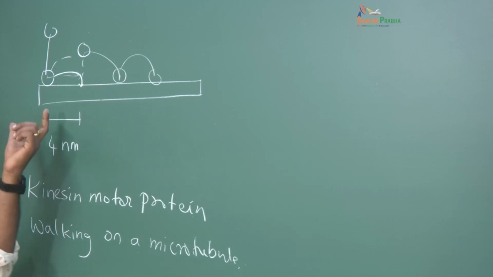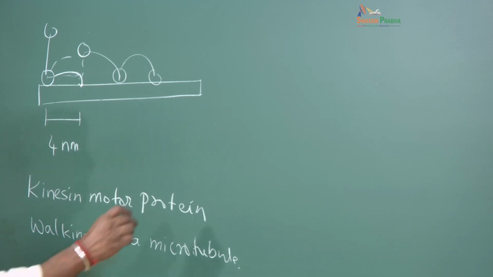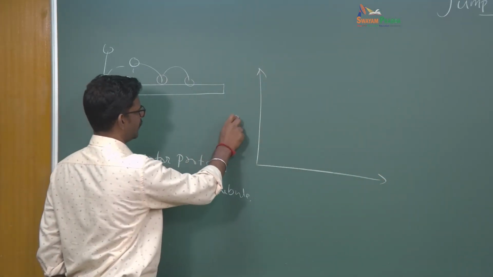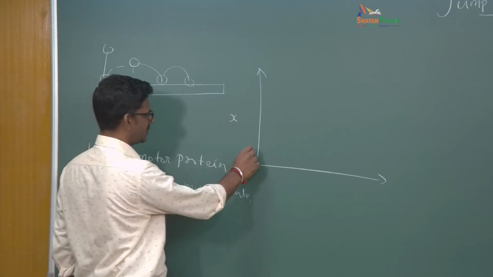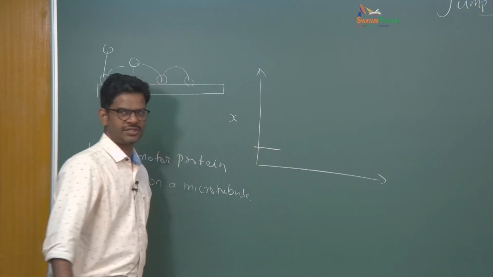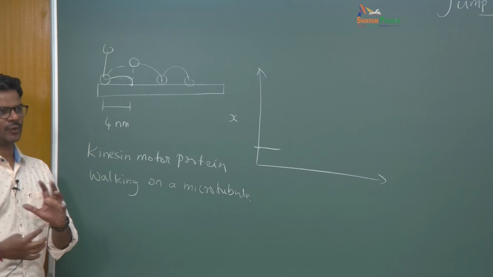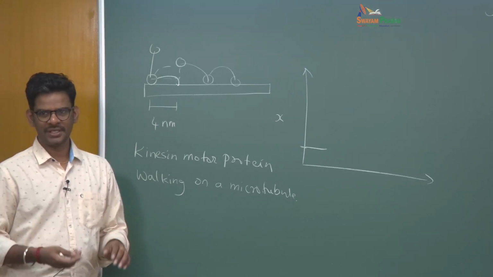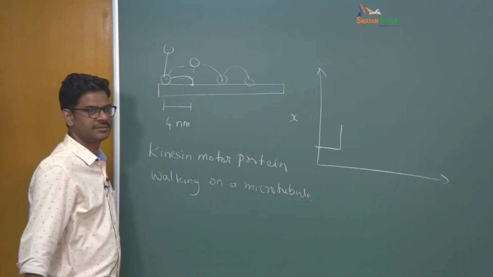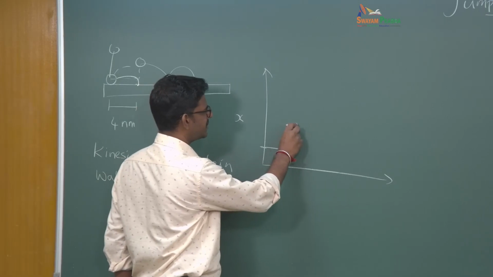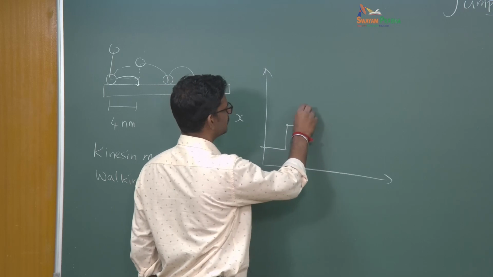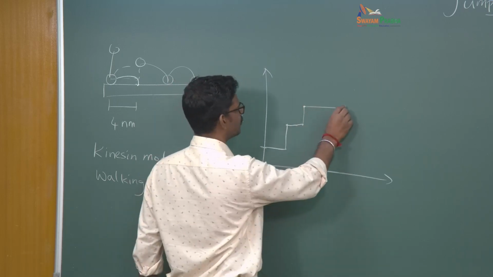When you look at the measurements, you will see the position of this motor protein, if I call it X, starts from somewhere here and remains constant over a period of time, because the molecule has to undergo some conformational changes. Then it makes a step change of unit length, about 4 nanometers, spends some time here, takes another step, spends another time, and just keeps going.